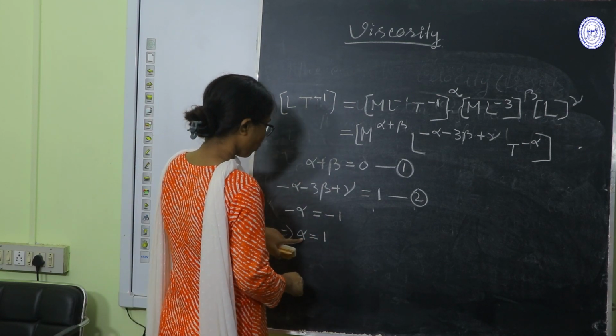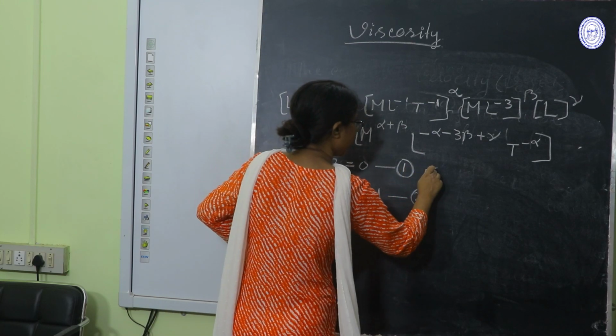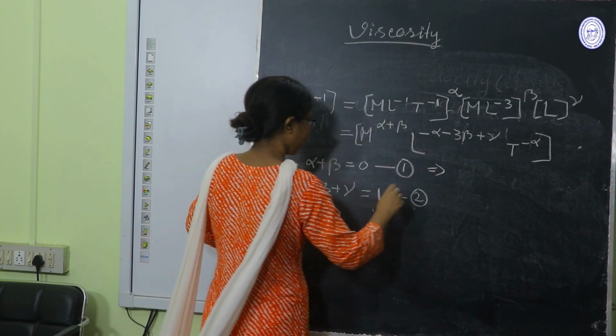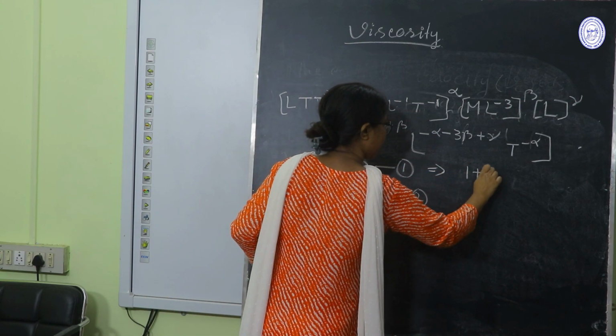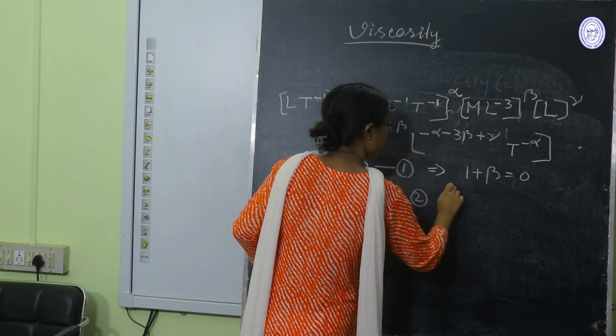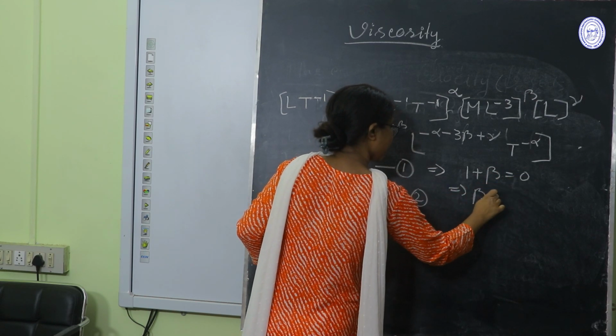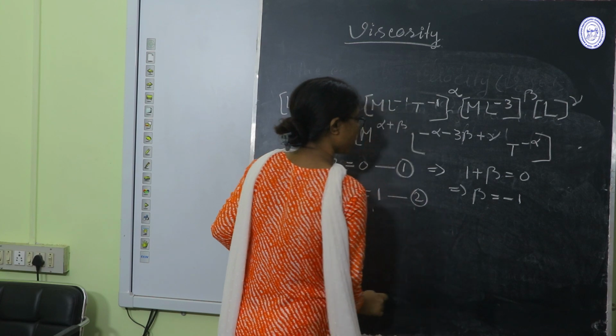Putting alpha in equation 1, 1 plus beta is 0, so beta is equal to minus 1.